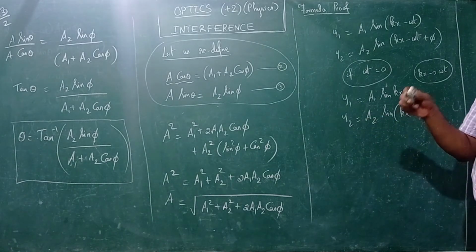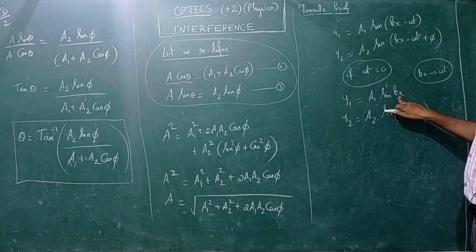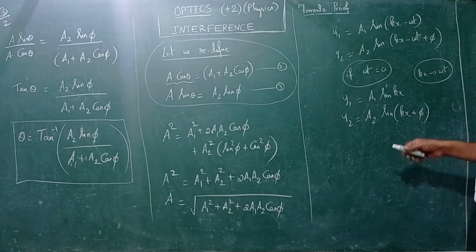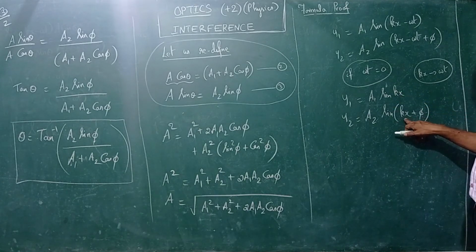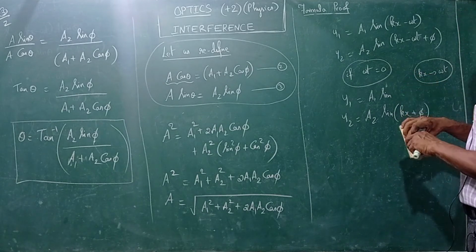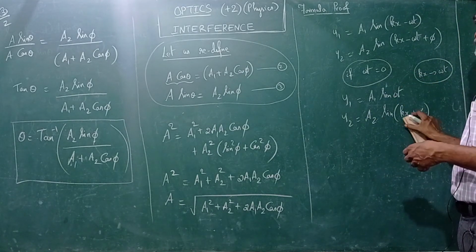But in the derivation we were using omega t. So what you do is, in the place of kx, substitute omega t. It can be anything, theta 1, anything. So this will become omega t, and here also it will become omega t.